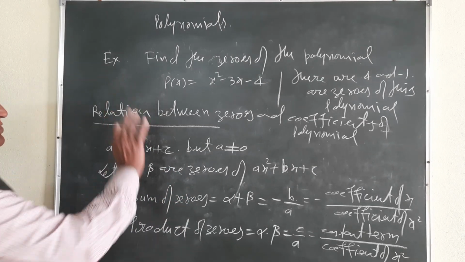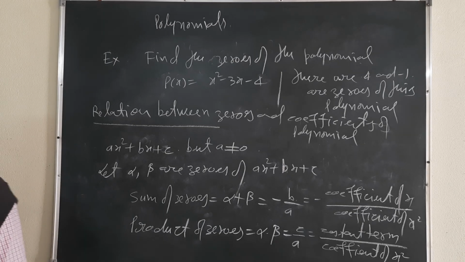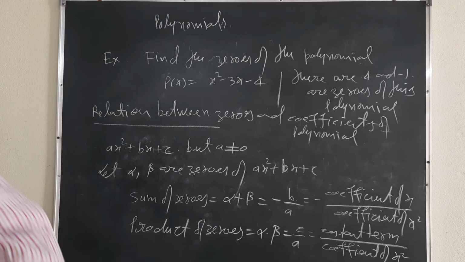Now I will take a similar kind of question, which is also given in your book and asked several times in your examination. That is why you see carefully in the exercises also, not only in one book, in different books the questions are given. I am taking the quadratic polynomial.